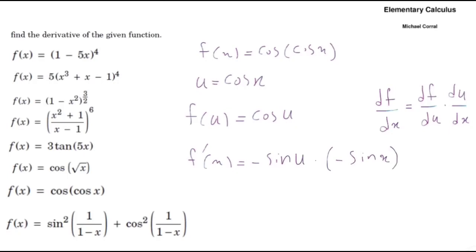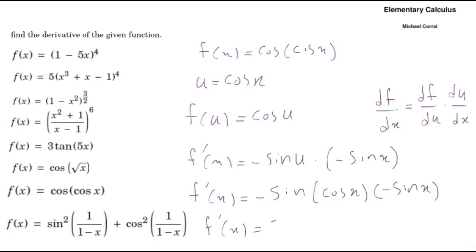So f prime of x equals negative sine of cosine x times negative sine x, and the final result is f prime of x equals sine x times sine of cosine x.